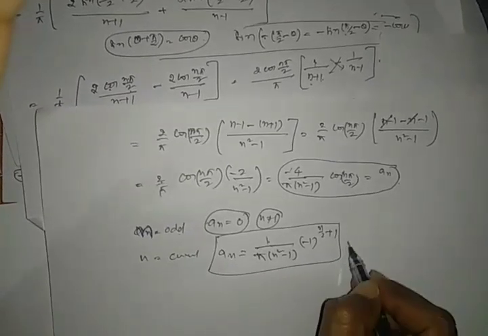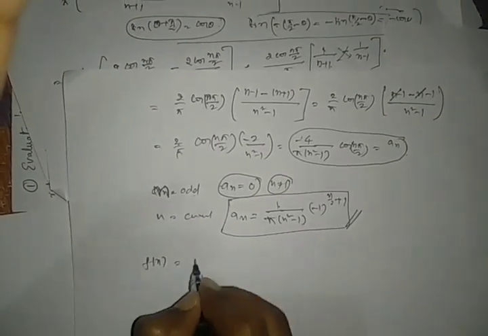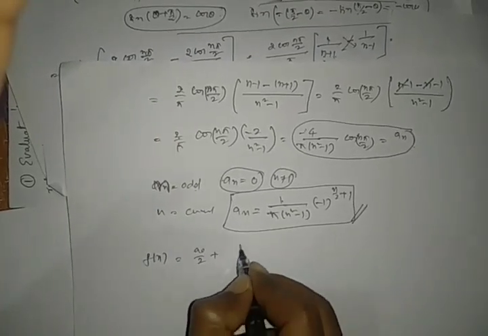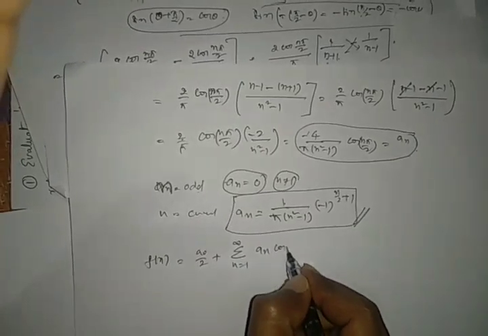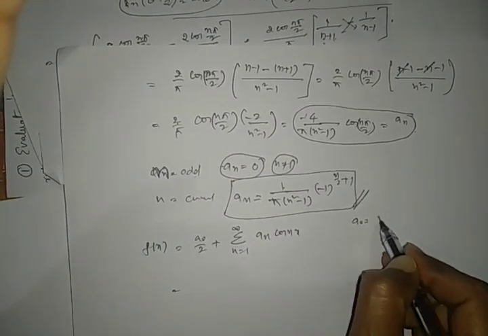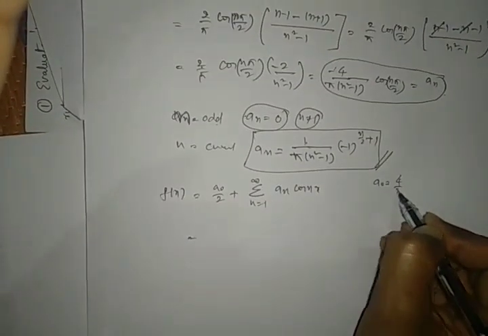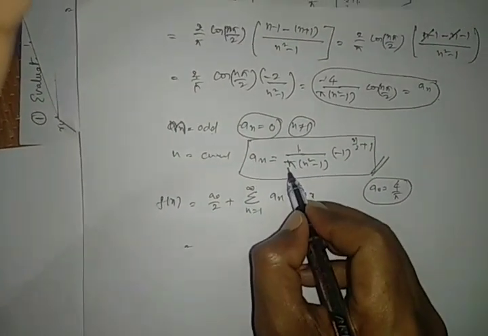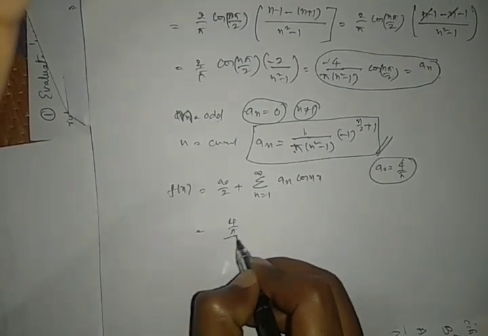So here we have to use this one. So the Fourier series f of x is equal to a naught by 2 plus summation n equal to 1 to infinity a n cos nx. Substitute the a naught value, which is 4 by pi, and this is a n. Substitute these two values in the formula: 4 by pi by 2.